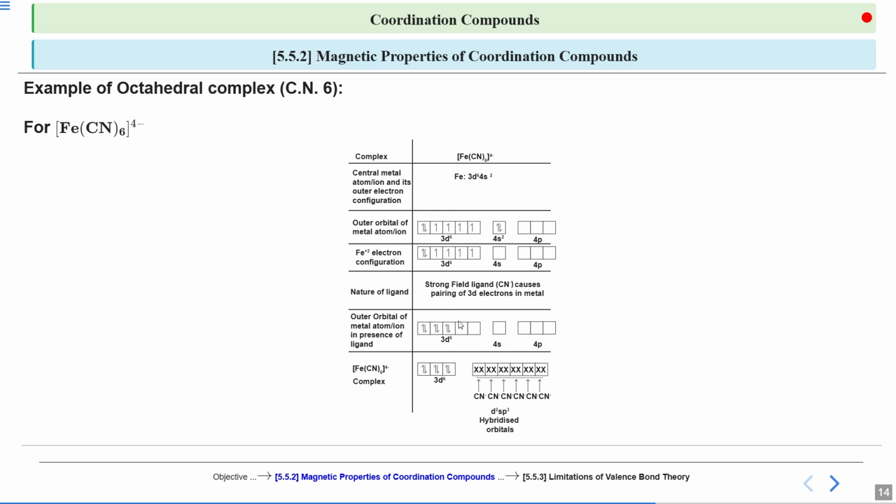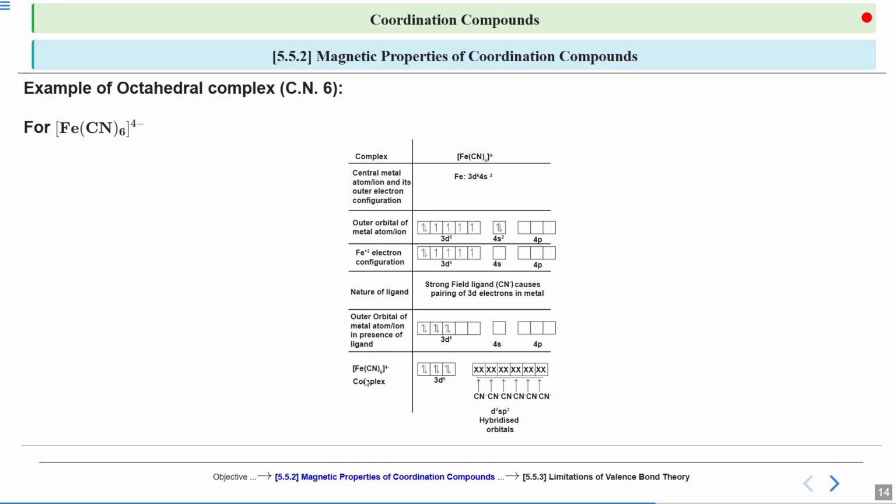The outer orbital configuration becomes like this. 3d6 remains as it is, but the 4 unpaired electrons undergo pairing up, and we get 3 paired orbitals in the 3d6 and 2 empty 3d orbitals, which can participate in the hybridization. As we know, the coordination number is 6, so we need 6 empty orbitals. So 2 are from the 3d orbitals, 1 is from the 4s, and 3 are from the 4p.